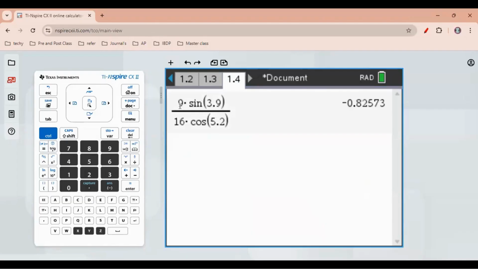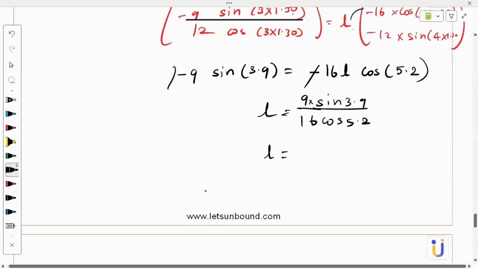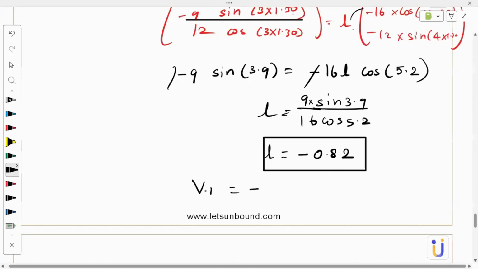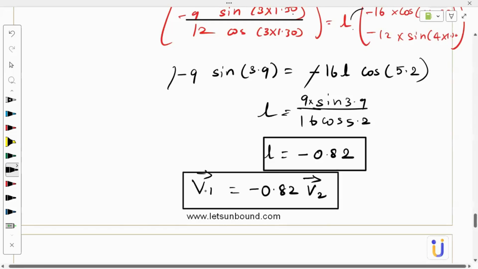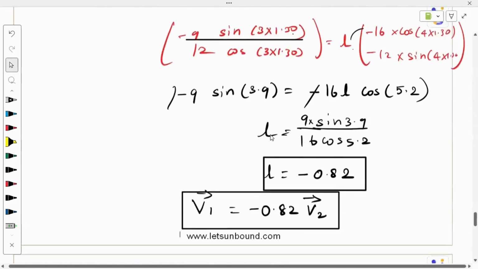This is my L. I got negative 0.82573. Right? So that's it. Yes, I am looking for negative, which implies they will move in opposite direction. So my L is negative 0.82 approximately. So what I have proved, v1 is equal to negative 0.82 times v2. So this means they are moving parallel in opposite direction. That's what it implies. So yeah, the proof is done.